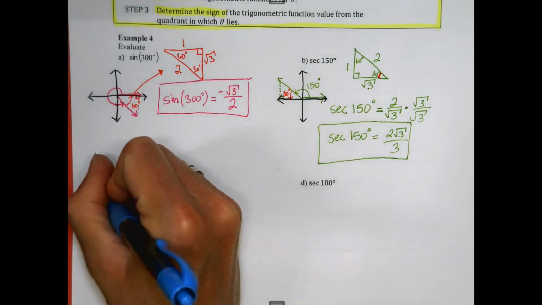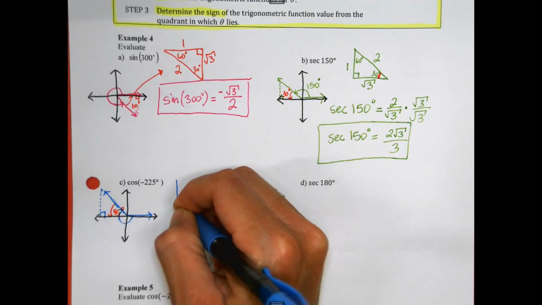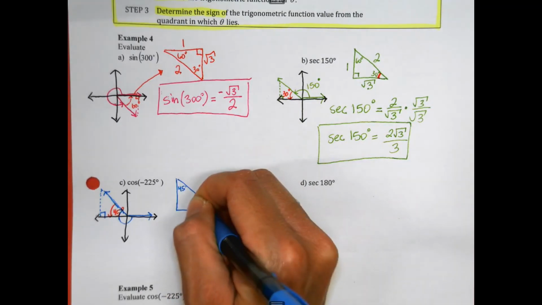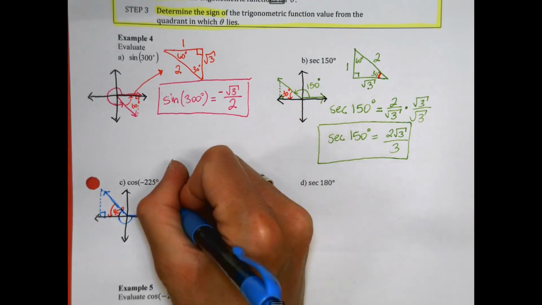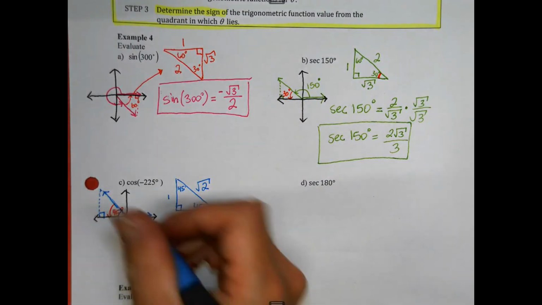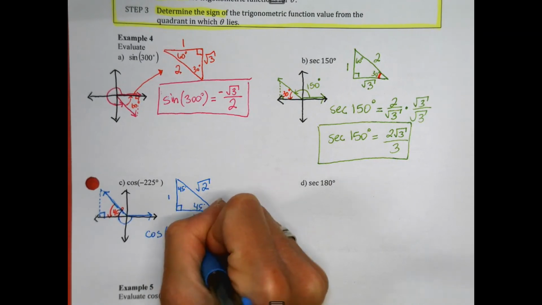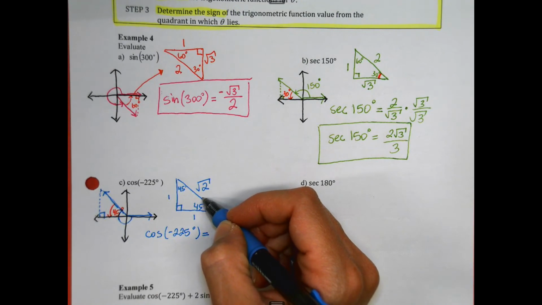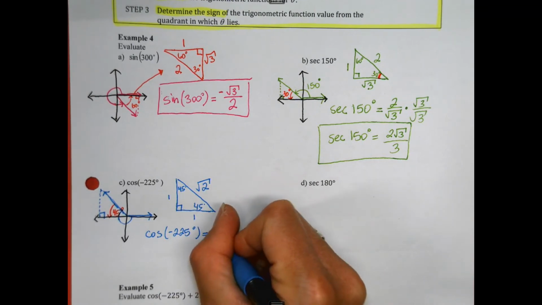So if we imagine our triangle in here, this 45, 45, 90 triangle, our legs are going to both be 1 and then our hypotenuse is the square root of 2. So the cosine of negative 225 degrees is going to be adjacent over hypotenuse, which is 1 over the square root of 2.